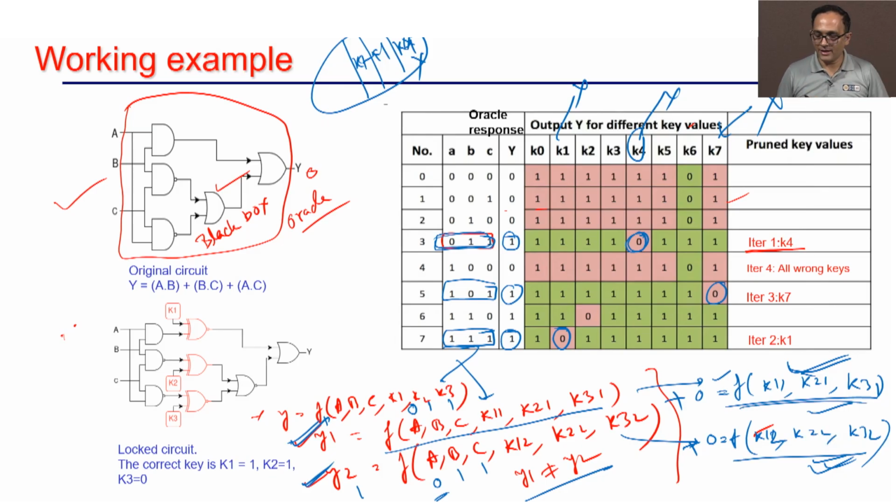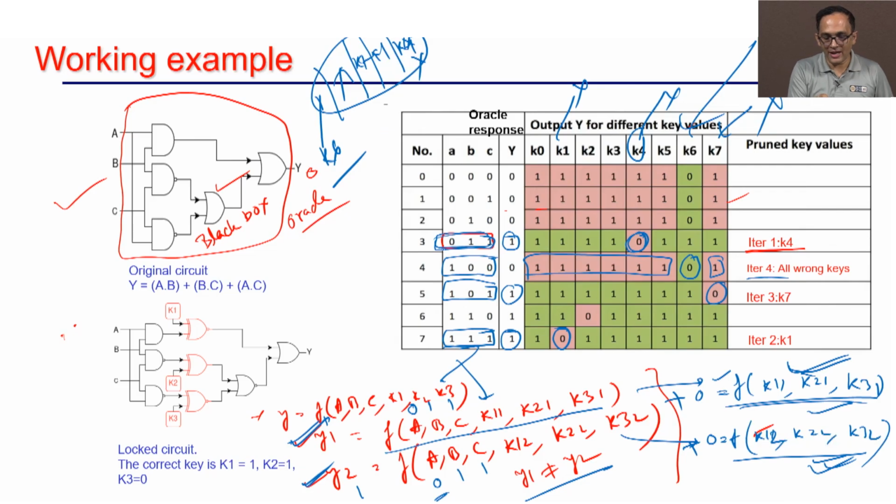Again it will call, and in this case say it returns 1 0 0, but in this case I found that all other keys are removed, only K6 will remain. So every wrong key will be removed, only K6 remains.